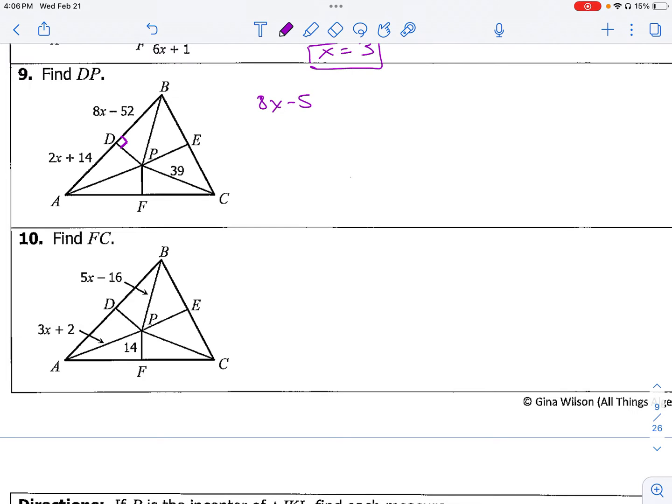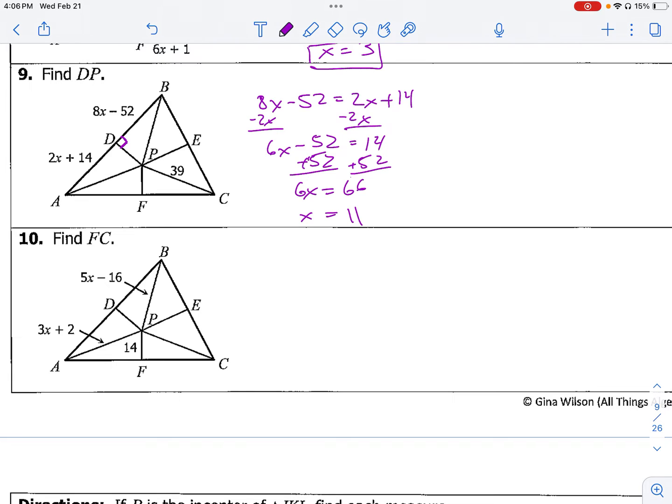So 8x minus 52 is equal to 2x plus 14. We solve for x. And we get x equals 11.